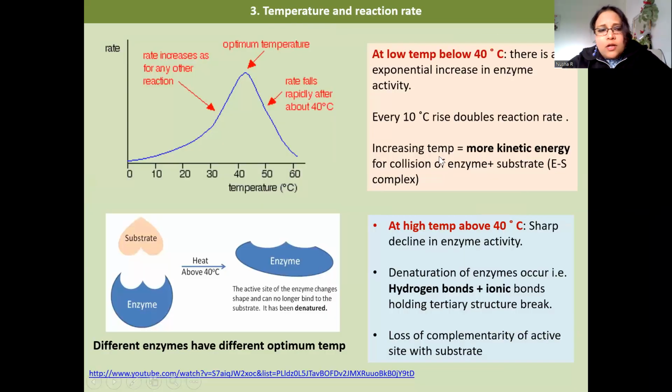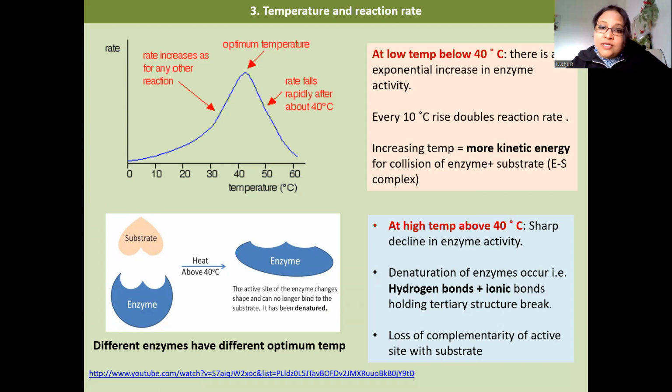So why is there such an exponential increase? It's because increasing temperature provides more kinetic energy for increasing the collision of enzyme with the substrate to form the enzyme substrate complex. So we mentioned that molecules are constantly moving because they have kinetic energy.